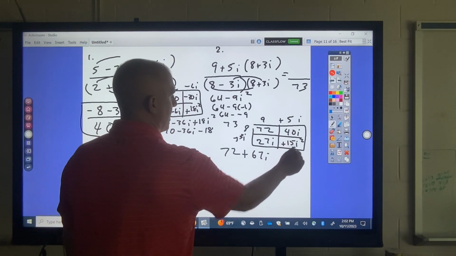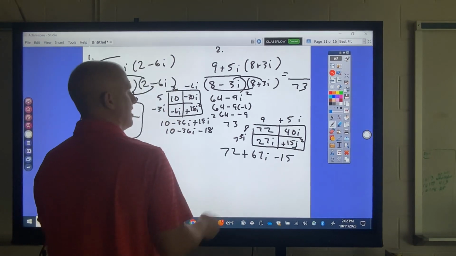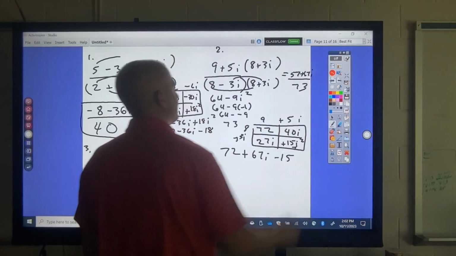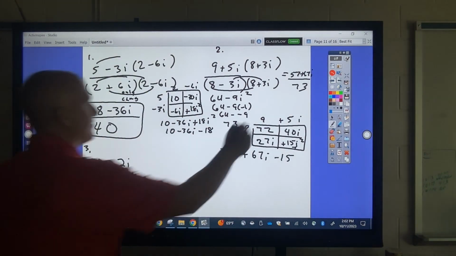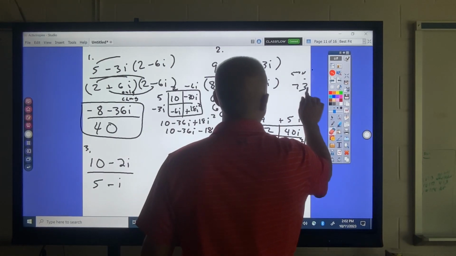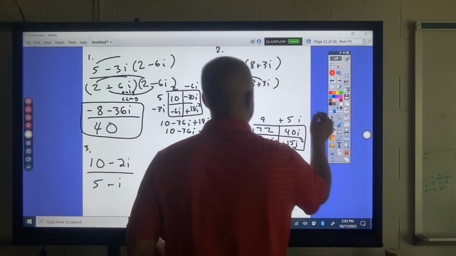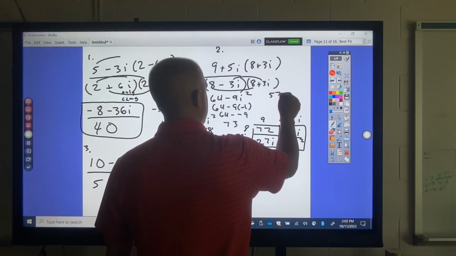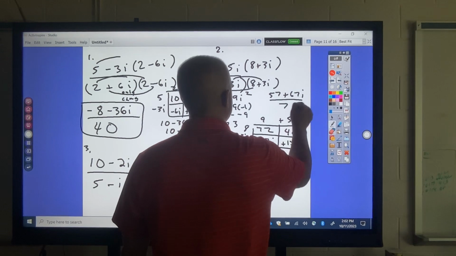That's just going to be a negative 1 there, so negative 15. If I combine those, that's going to be 57 plus 67i. Let me clean that up. 57 plus 67i all over 73.